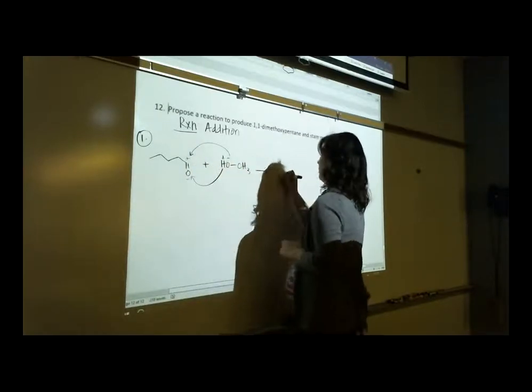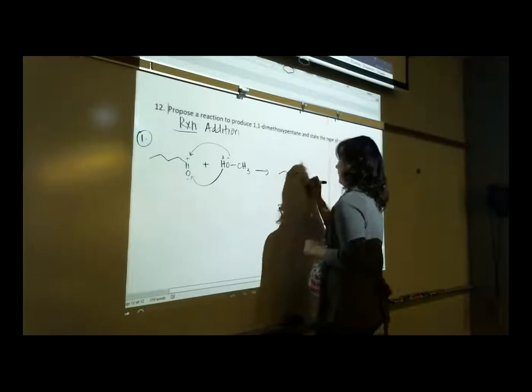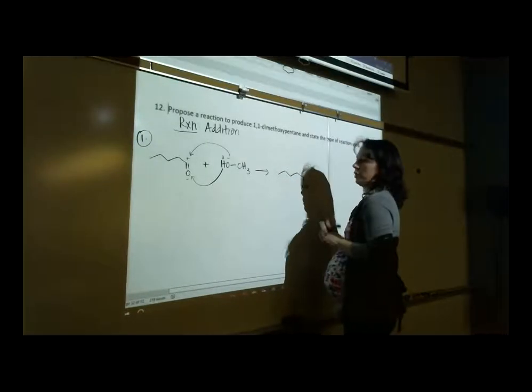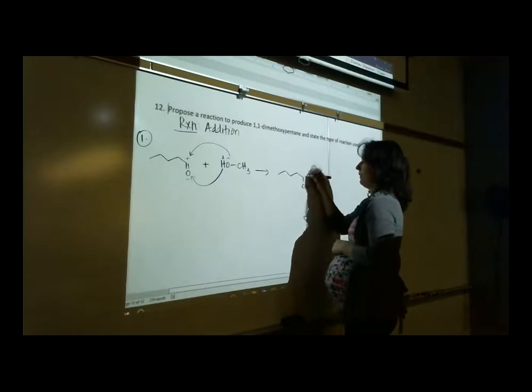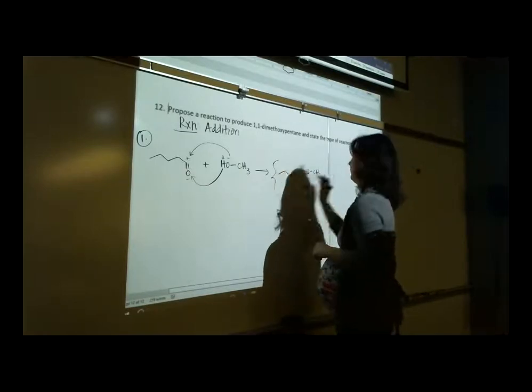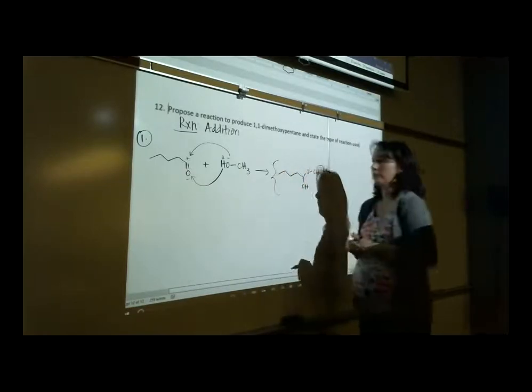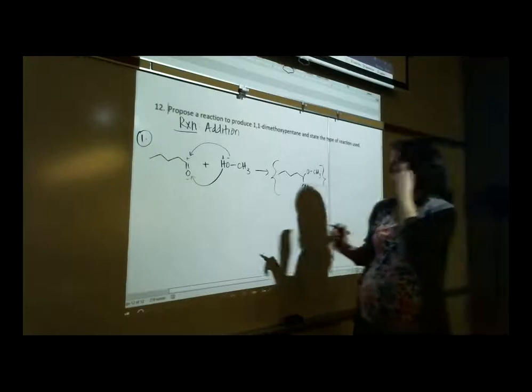So that gives 1, 2, 3, 4, 5, OH. And then what's the other thing here? It would be OCH3, right? And that's an intermediate. And then what happens in step 2?